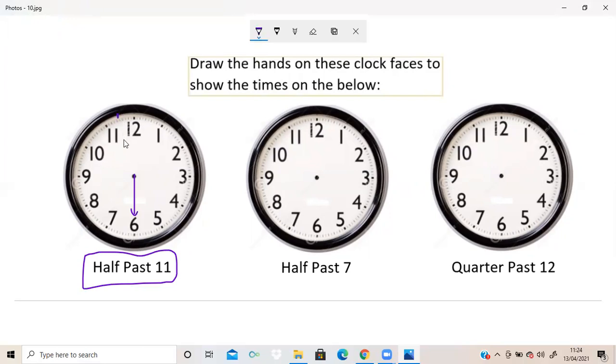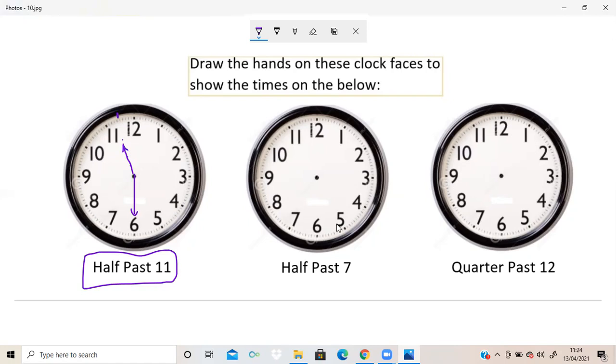So we can draw like this. This is the right way. So this is the correct answer.